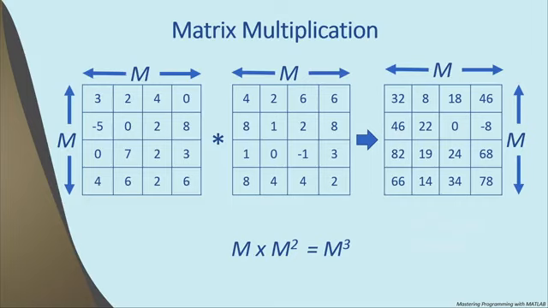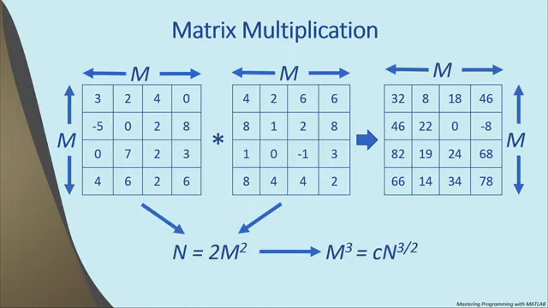And indeed, it's customary to state the complexity of matrix multiplication in terms of the matrix dimension as being order m cubed. But to be fair to the algorithm, we should remember that the number of inputs, n, is itself equal to 2m squared. So in terms of the number n of inputs, the number of operations is actually proportional to n to the 3/2 power.